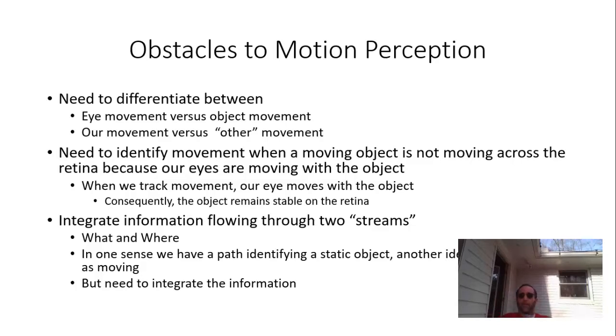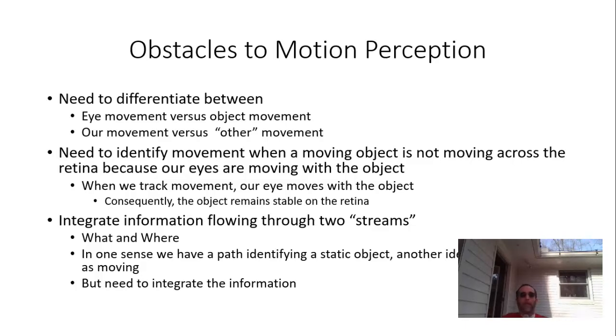Just as there's obstacles to every type of visual perception we've talked about, there's the same with motion perception. The big thing is we have to differentiate between our eyes, which are constantly moving, versus the object moving. If we're moving through the world in any manner, we have to distinguish our movement from the movement of things around us.